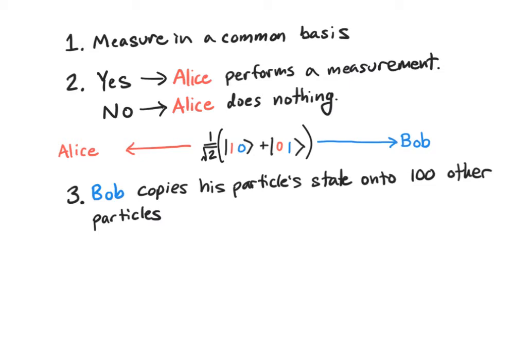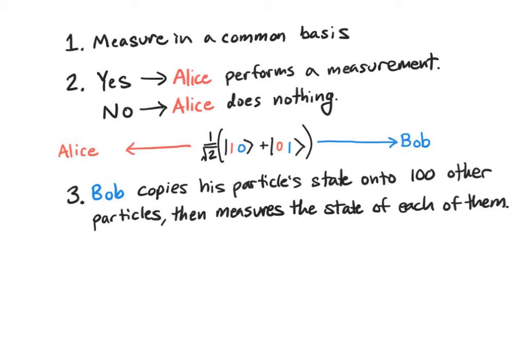Basically, he takes his particle, puts it in a quantum Xerox machine, feeds through a bunch of other particles, and this Xerox machine copies the state of his original particle onto the new ones that he sends through. And finally, he performs his measurement on his original particle and the 100 duplicates.